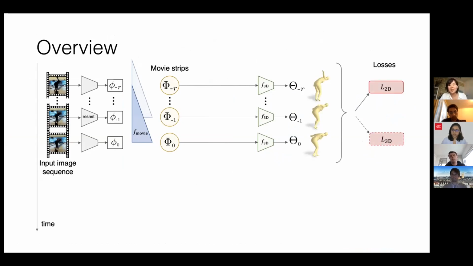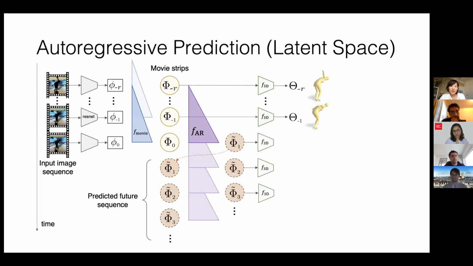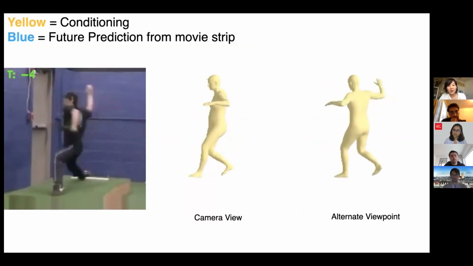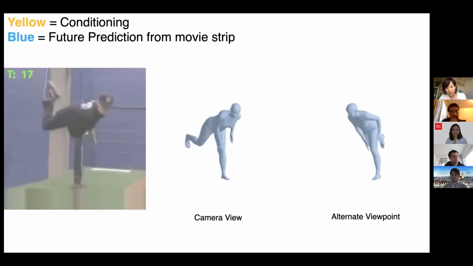And we really do something like a sequence to sequence based approach. You take the current observation, you predict what the next thing is going to be, and then you just feed it in as your next input, and you just repeat this. We do this in the latent space instead of the pose space, and then you can read them out. So that can give you these results, like given some video that's conditioning, it can predict what the people might be going to do.